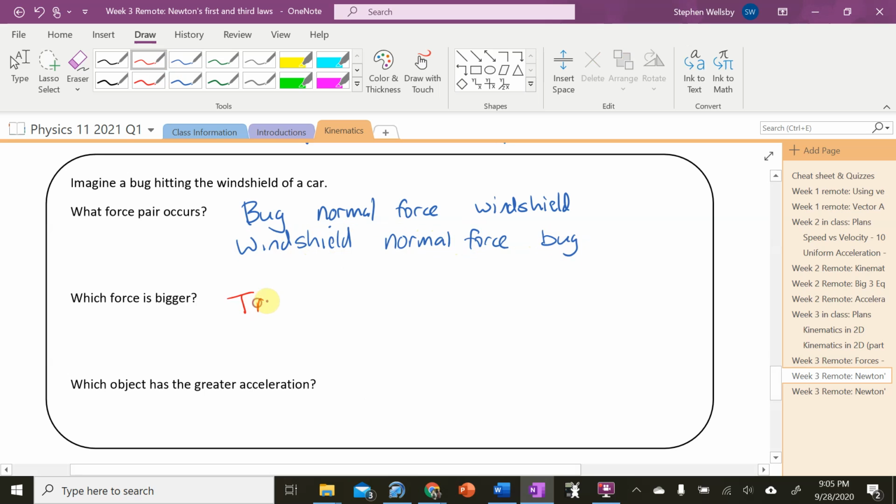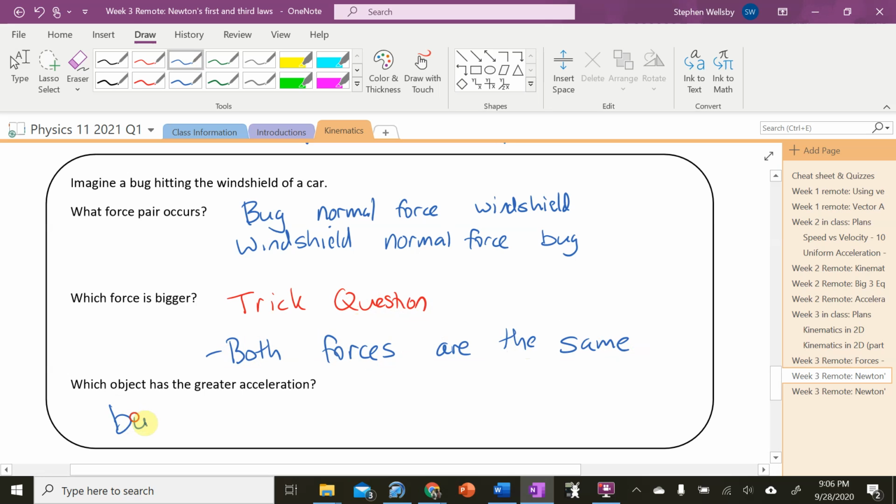Well, this is a trick question. Both forces are the same. So which one is going to have a greater acceleration? Well, in this case, we can definitely know that the bug will have the greater acceleration, and that again is because it has much less mass.